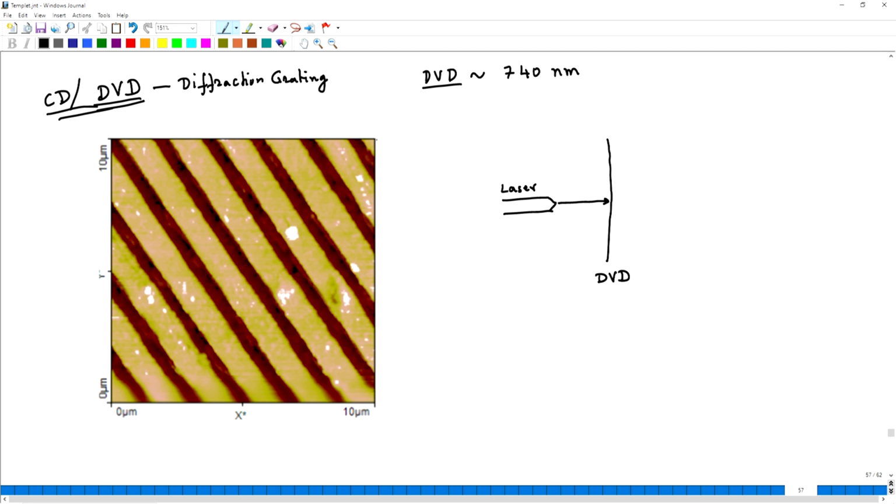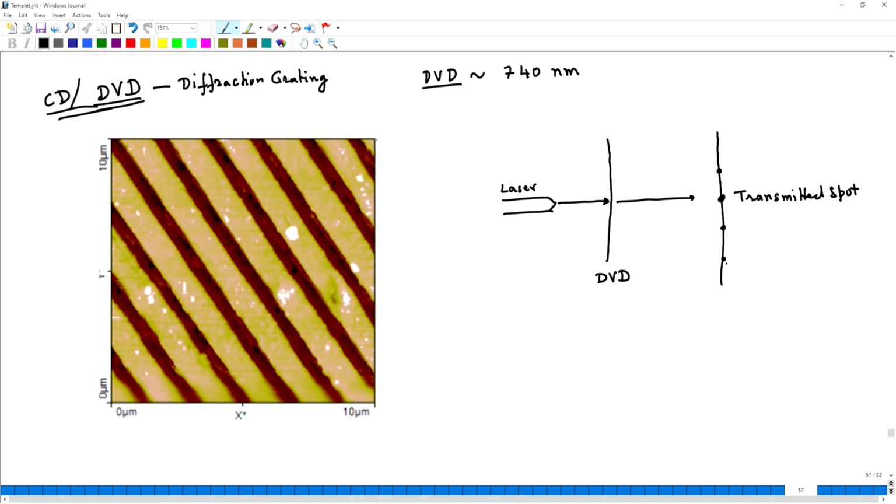You have to separate the two layers and take the transparent part on which the actual writing is done. This would create a diffraction pattern. This is the transmitted beam or the direct beam. So, this is the transmitted spot, and then I will have several diffraction spots.